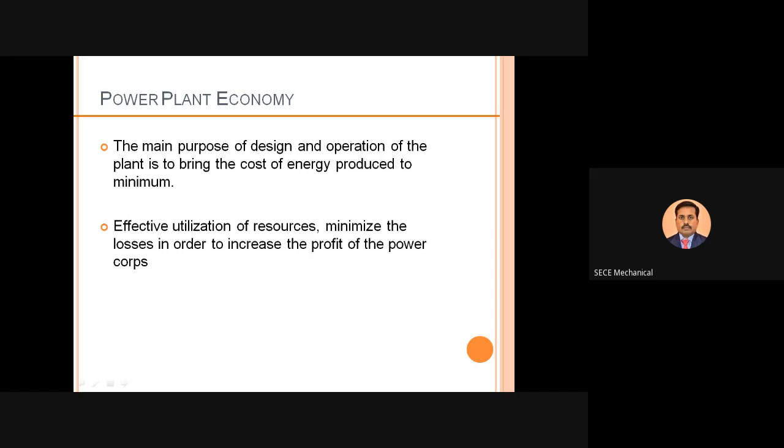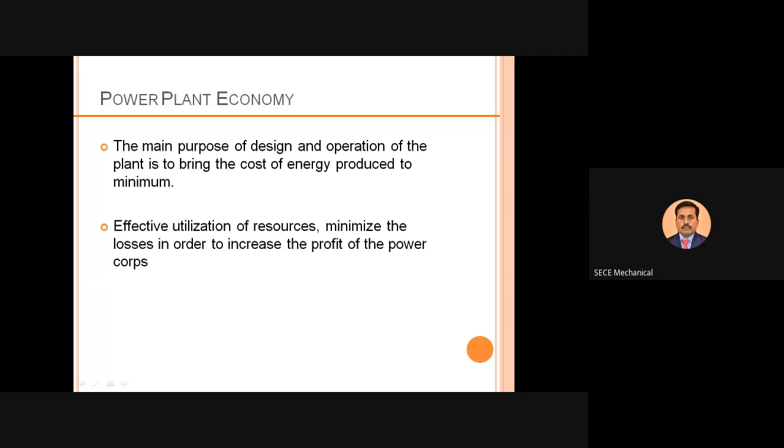What are the different types of cost involved in the fixed cost of a power plant? Anyone? Abhinesh, is it audible? What are the different types of cost?